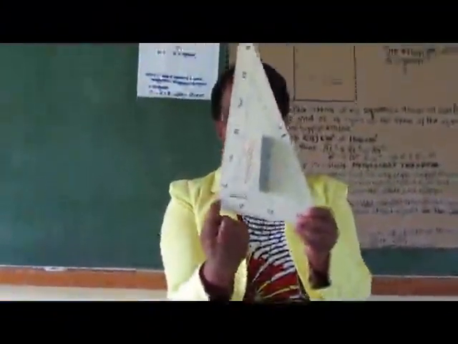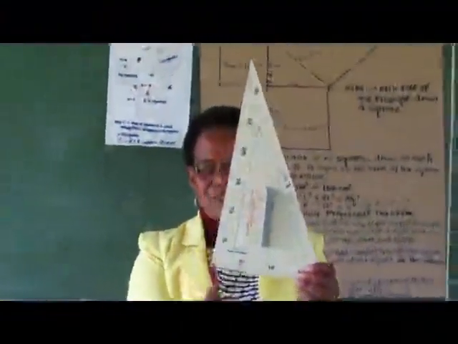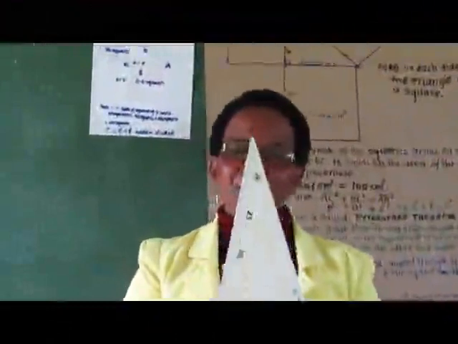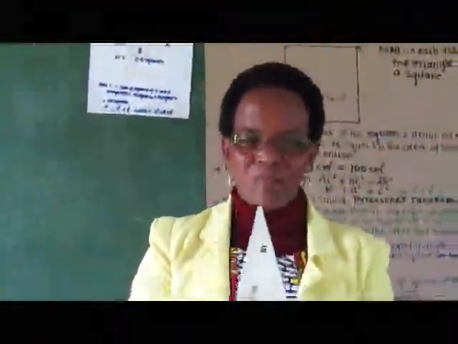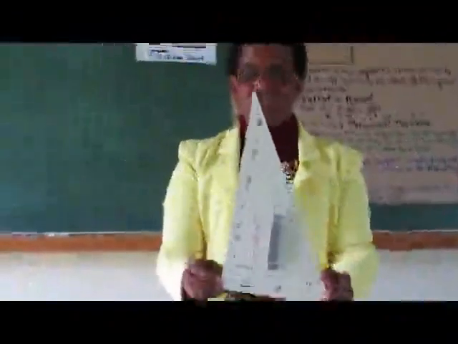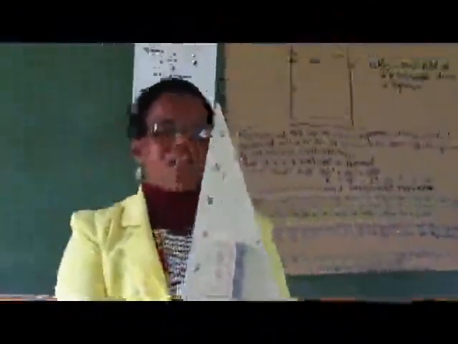This angle here is 90 degrees, and that is why it is called a right-angled triangle. So you draw this right-angled triangle in your exercise books. Good. Thereafter, there are sides of the triangle here.